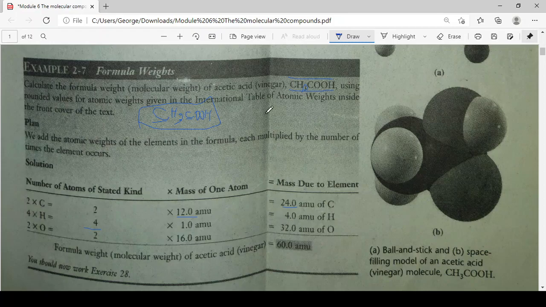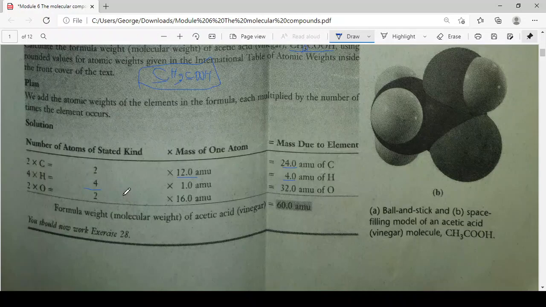So for your acetic acid, there is a subscript 3, which means 3 hydrogens, and there is one more hydrogen at the end, therefore plus 1 hydrogen. So 4 times 1 is equal to 4 atomic mass units of hydrogen.